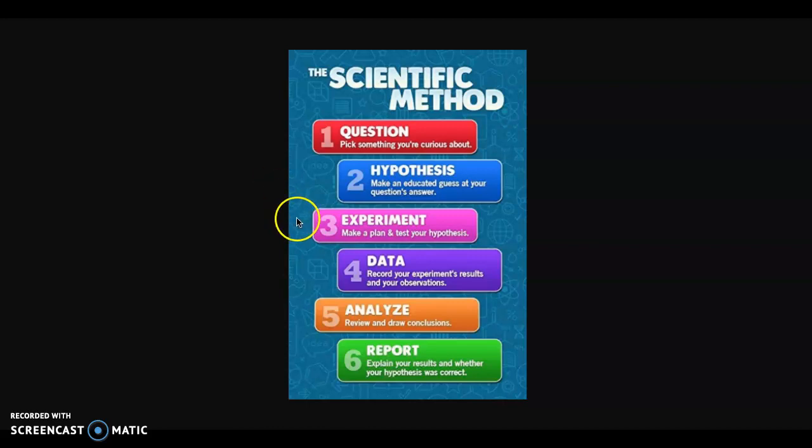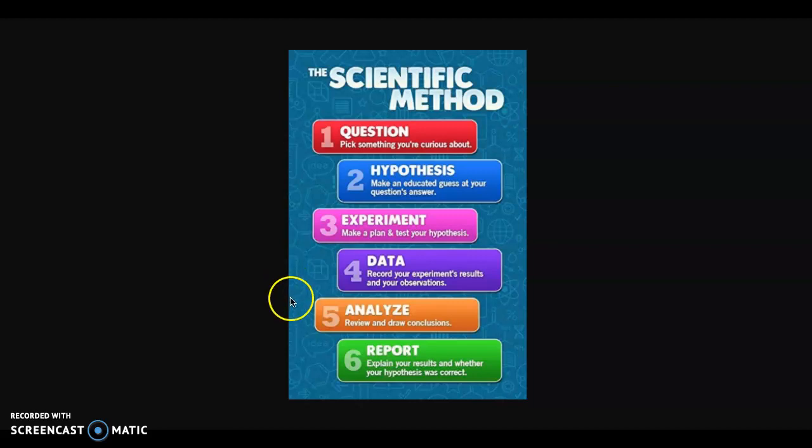You then go through number 3, which is running the experiment. Number 4 is the data collection, recording your results and your observations. So the results and the data would be both numbers that you would collect and observations. Observations being things that you notice, things that happen during the experiment that you can't quantify with a number, but that are important to the experiment itself.